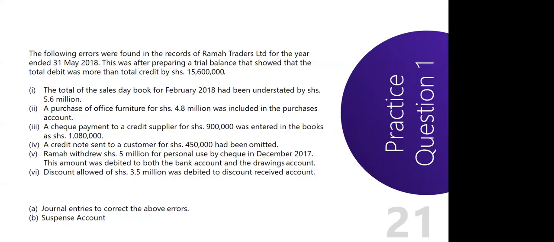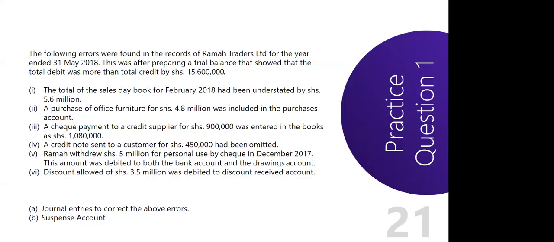Now, what the scenarios are trying to bring to light to you is, hey, this is where you made the mistake. So for example, in this scenario, they are telling you, instead of posting 900,000 shillings, you went ahead to post 1,080,000. That was an error, so correct it. So for these particular journal entries that we are making in correction of errors, I'm not talking about journal entries the way we began at the beginning.